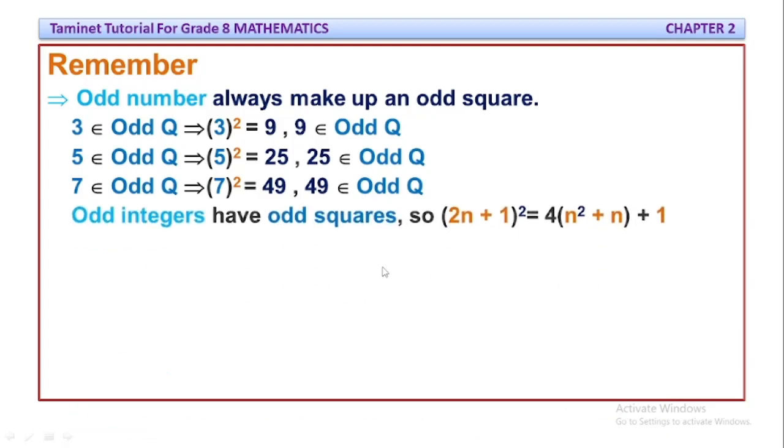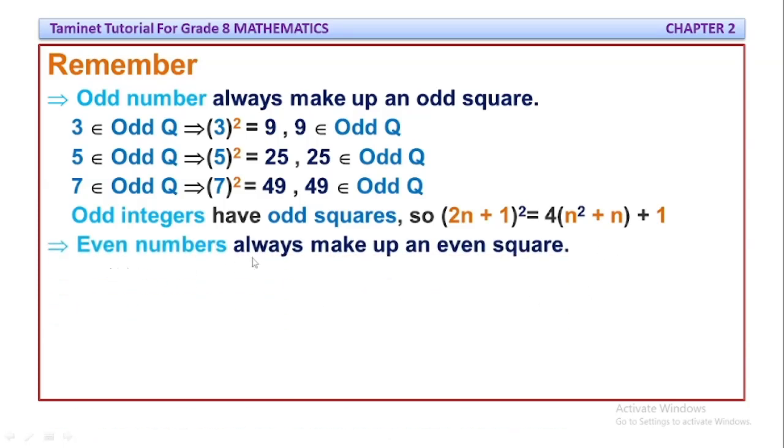So we can decide like this: odd integers have odd squares. So this is the expression of the square of an odd number. Finally, we can get 4 times n square plus n, plus 1. So this is always true.